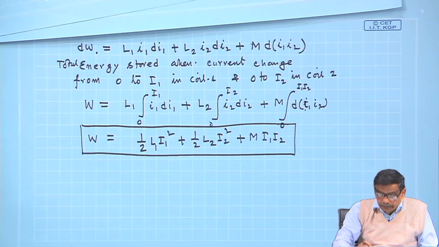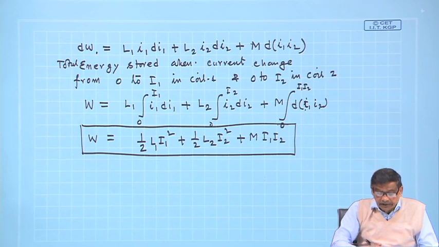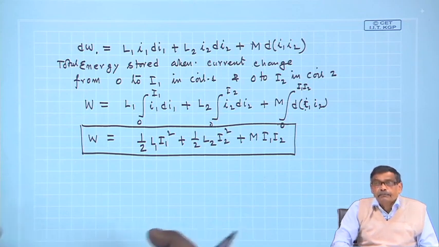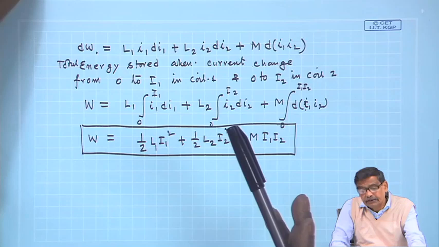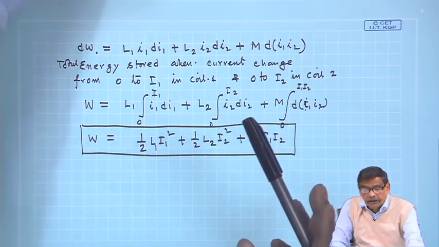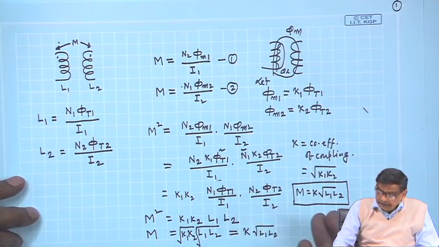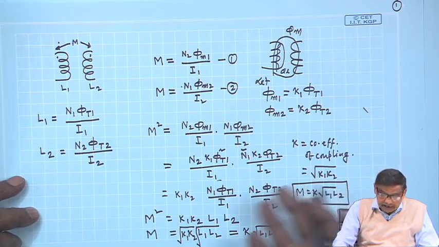I will request you to pause the videos of the last 3 units very carefully and try to understand the main points, that is how to tackle mutually coupled coils with confidence. And today what I have done in this unit is I just highlighted 2 things. One is about the coefficient of coupling, what does that mean, how they are related, that is M can be expressed as coefficient of coupling and L1 L2, that I have done.